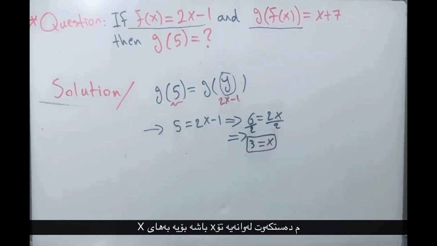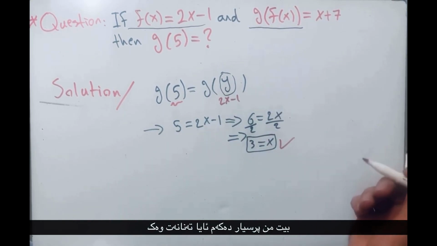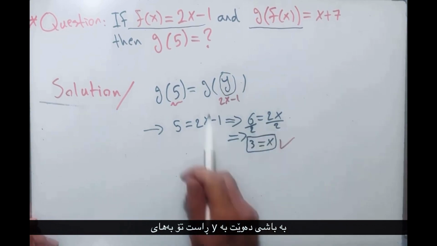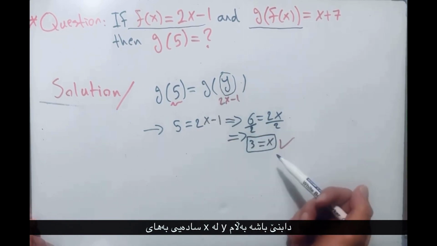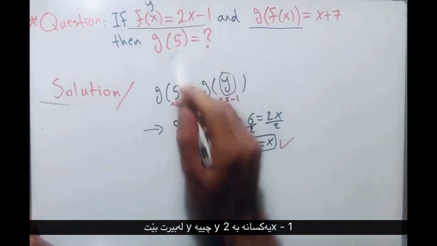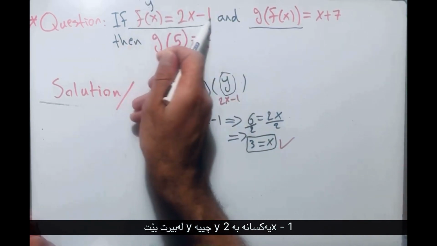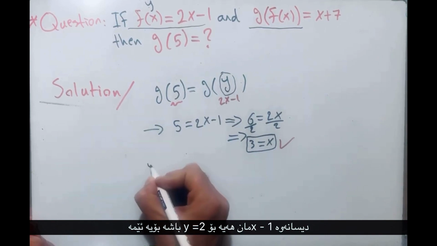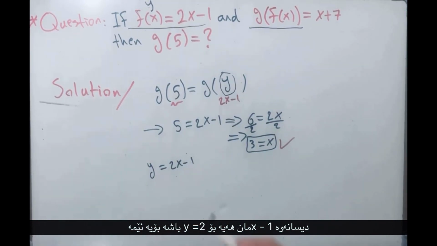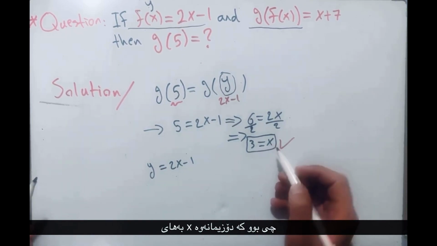So I got the value of x. You might be wondering, is it even beneficial? Well, you do have the value of x, and you want the value of y. Simply plug the value of x into y. But remember, what is y? y is equal to 2x minus 1. Again, what was the value of x that we found? It's 3.